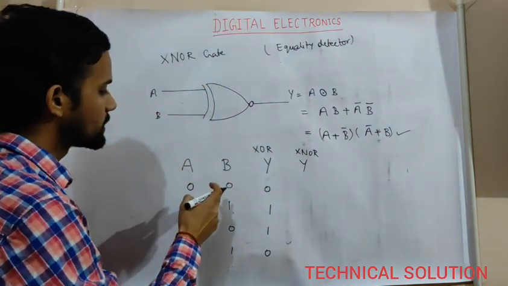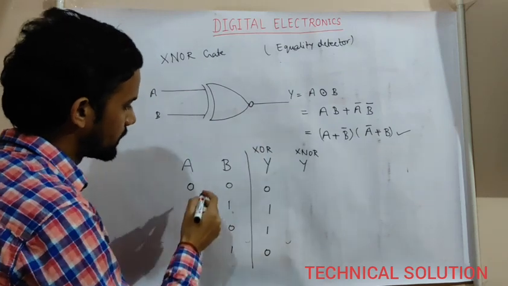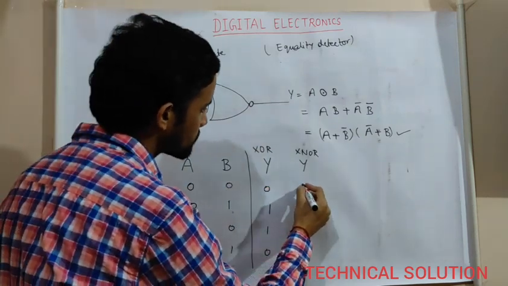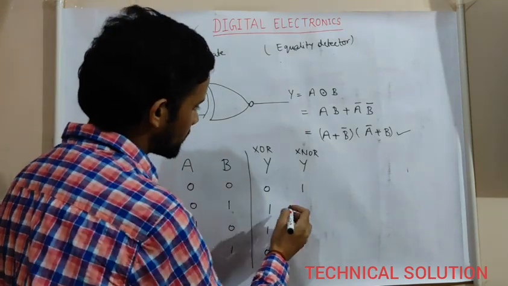Okay, that means if there are the same number of inputs, here it is 0 0, then the output becomes 1. If there is a difference in the inputs, then we get 0.